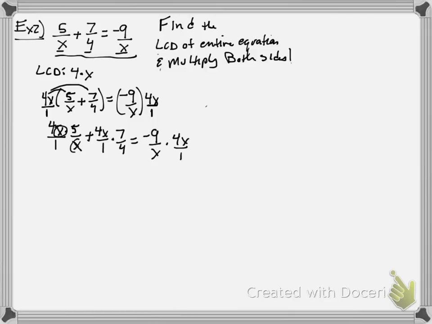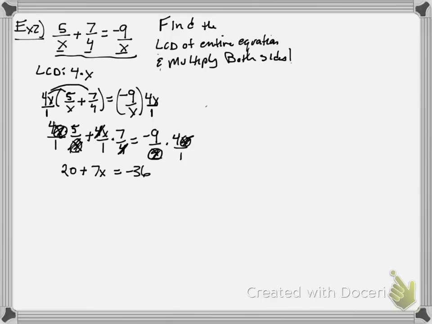So I have a factor here and a factor here, they get wiped out. And I'm left with just 4 times 5, or 20 for that term, plus, now over here, I can cancel the 4 with this 4. They're common factors over there. And I'm left with x times 7. In other words, 7x equals, now on this guy, I can cancel the x's. Those get wiped out. Those are common factors, and I'm left with negative 9 times 4, negative 36.